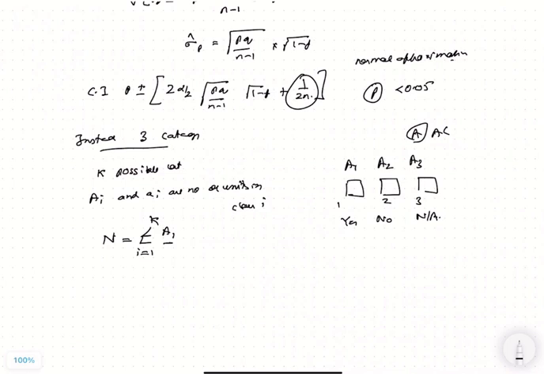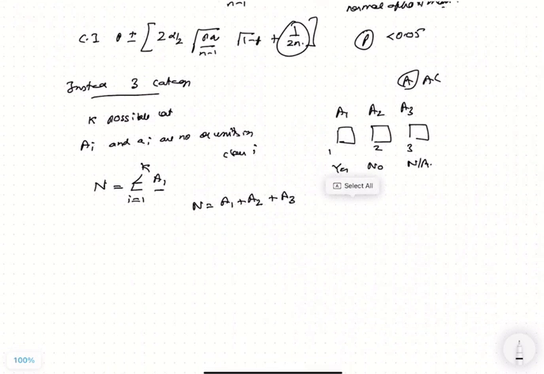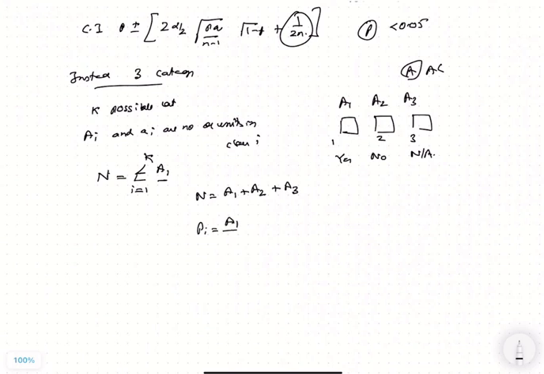So the total number of people who responded is going to be the sum of this a_i, and so N is just going to be A1 plus A2 plus A3. Now P_i, or the proportion of units in class i, is just going to be a_i upon N, and the small p_i which we are getting from the sample is going to be a_i upon small n.